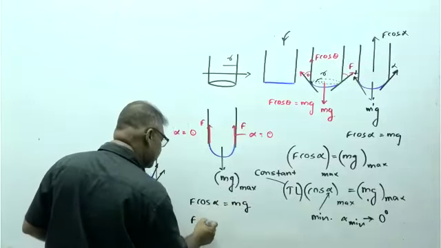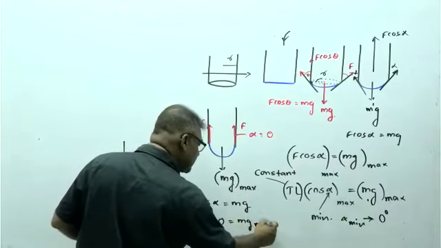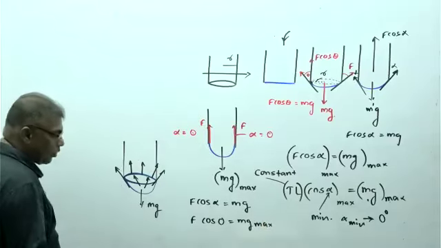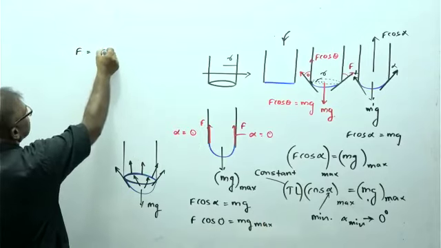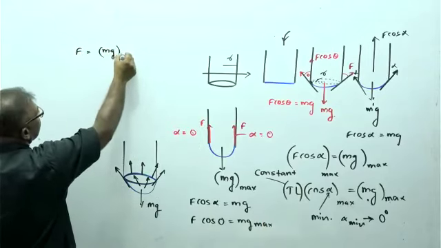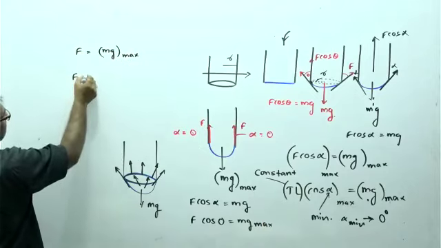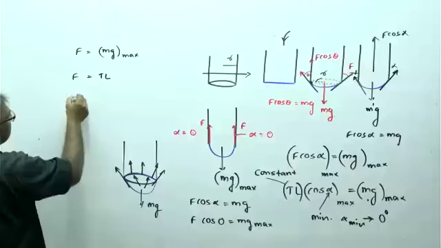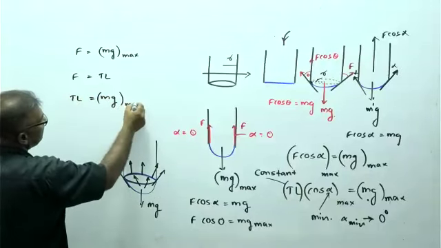Then it becomes F cos 0 is maximum weight of the water droplet. Then it becomes F equals mg, the maximum configuration. Then here we have F equals TL, then TL equals mg in the maximum configuration.